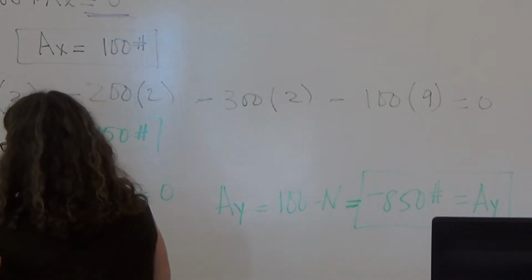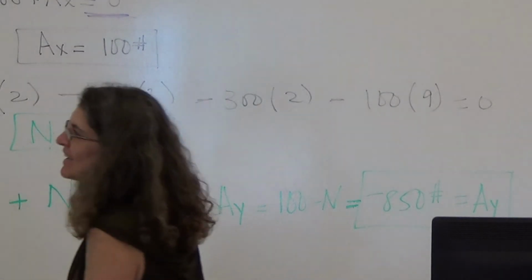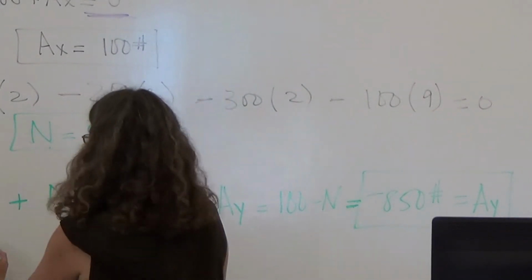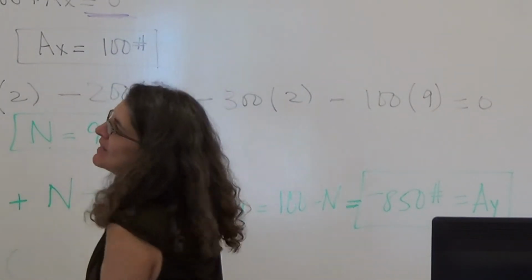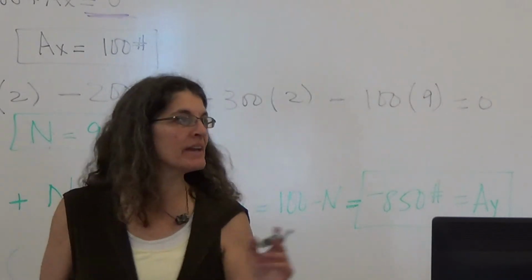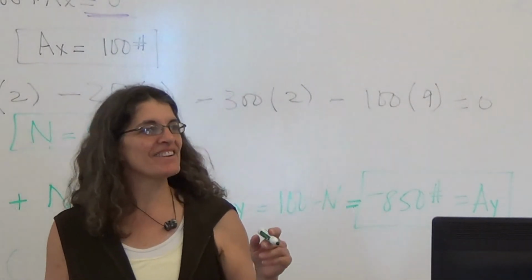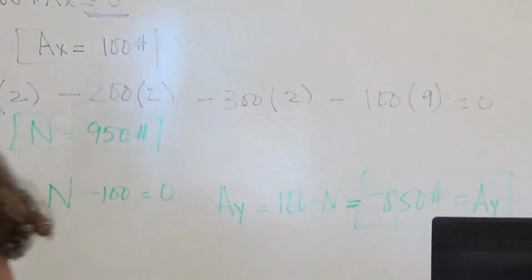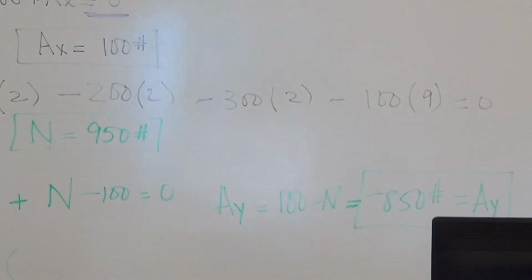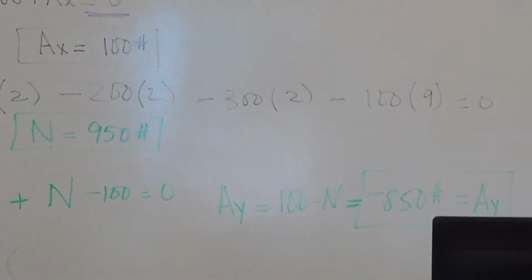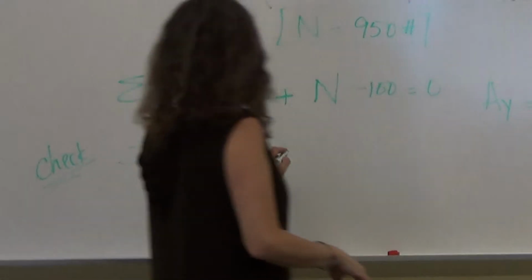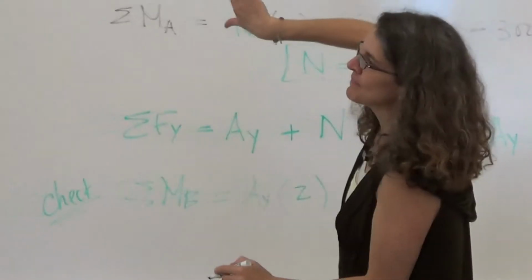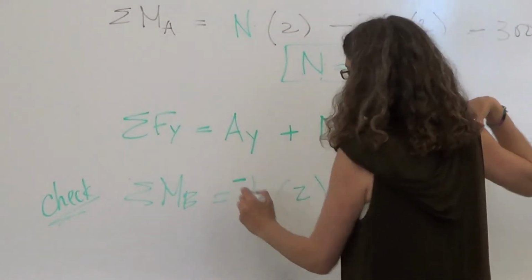Sum of the moments about, let's do B. Sum of the moments about B. So it's AY times 2, positive or negative? Negative.